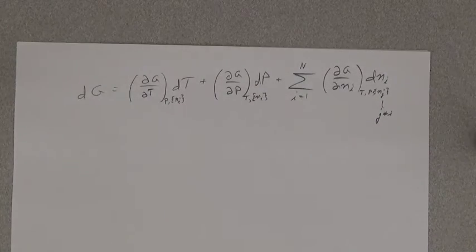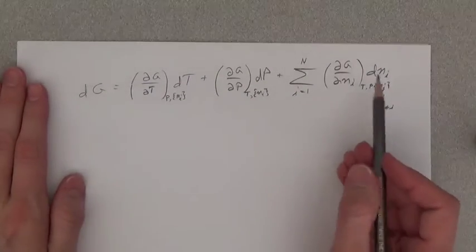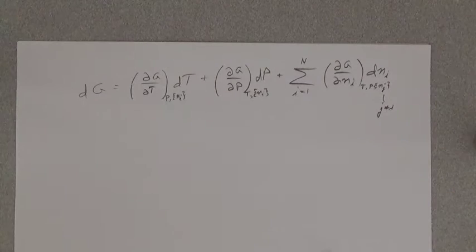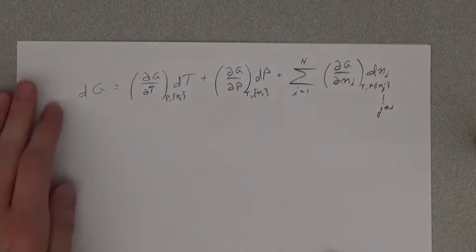So for example, let's say we have a gas, and the gas is going to contain, say, krypton and helium.